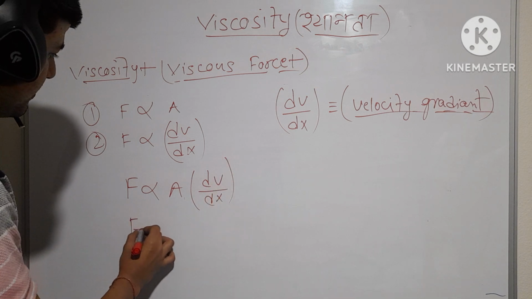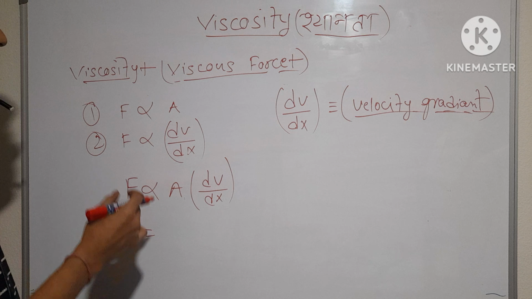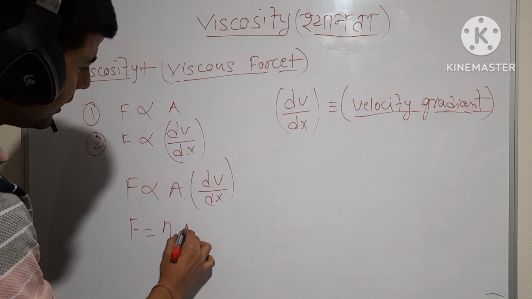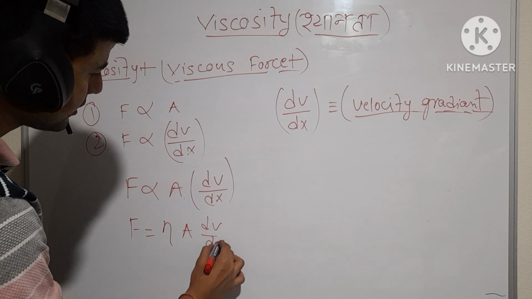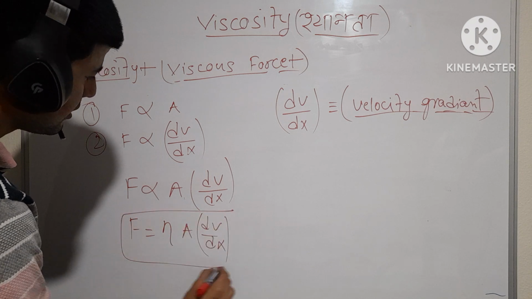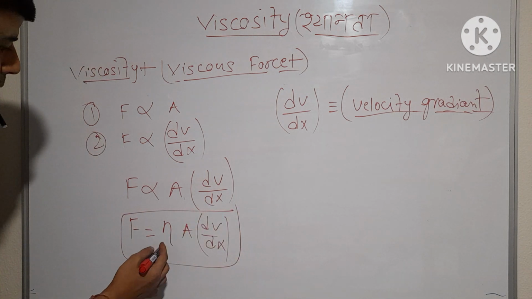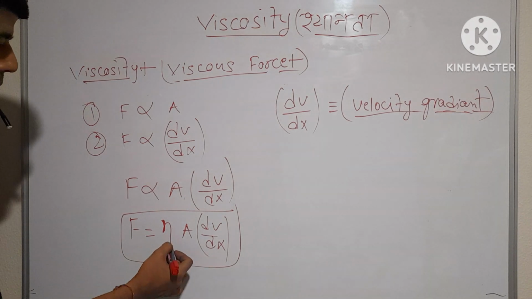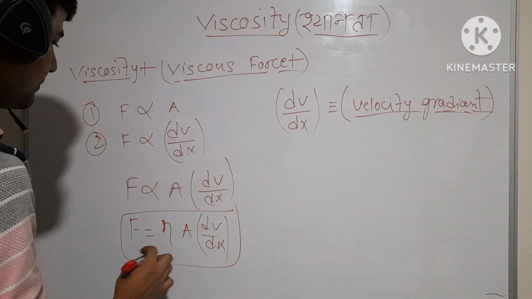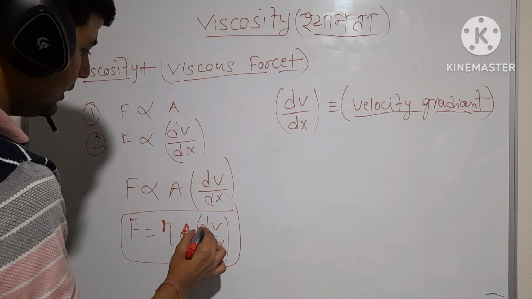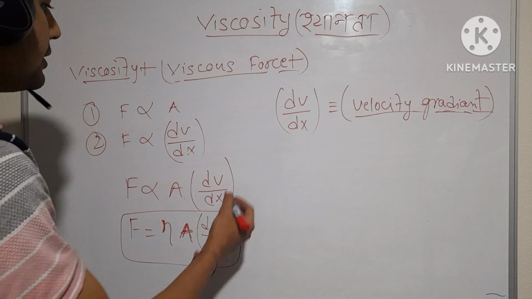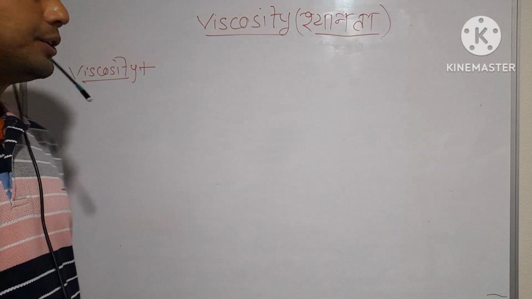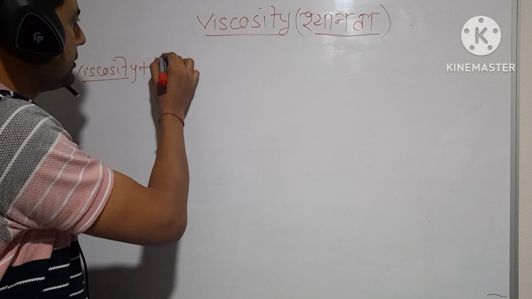If I remove this proportionality, I will put one constant, F = η A dv/dy. This is the viscosity constant, this is the area, and dv/dy is the velocity gradient. Viscosity is denoted by eta.